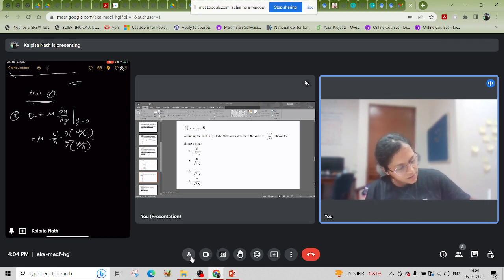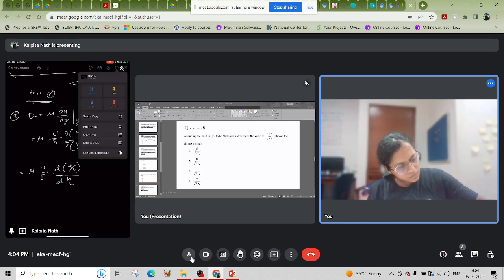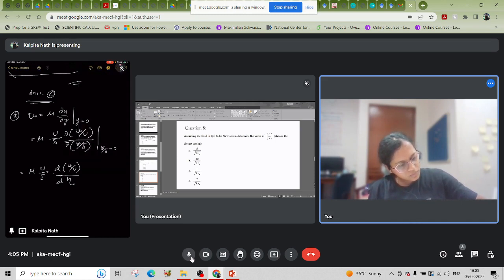So y by delta is eta, and this is mu U by delta, d of small u by capital U upon d eta at eta equal to 0.